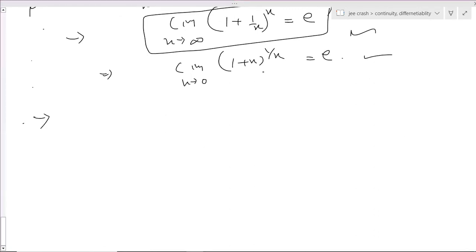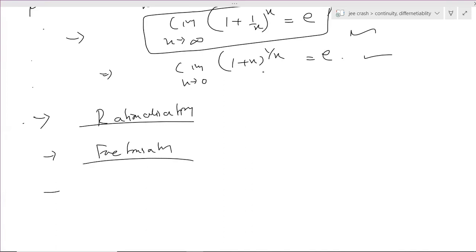All right. There are 4 methods of solving limits: rationalization, factorization, standard limits, and L'Hopital.